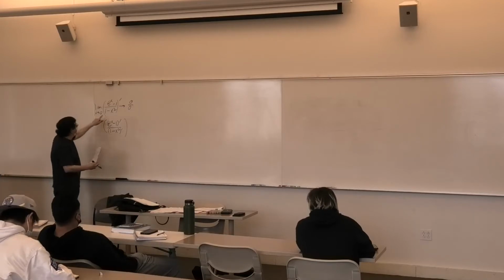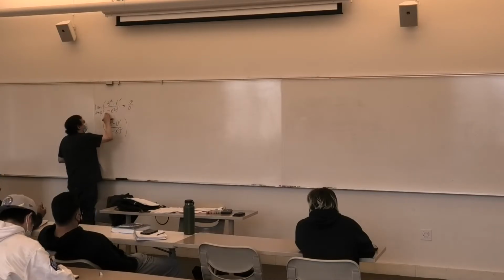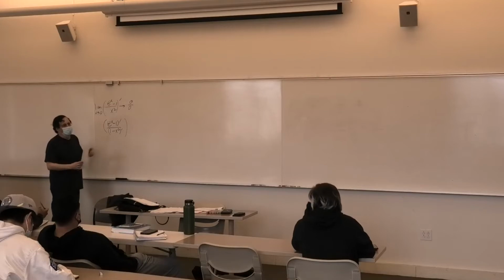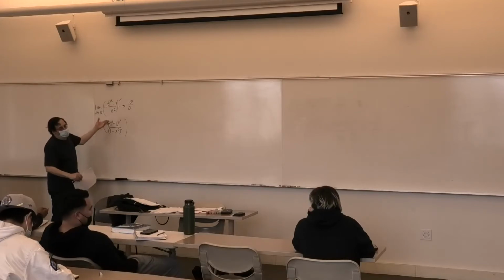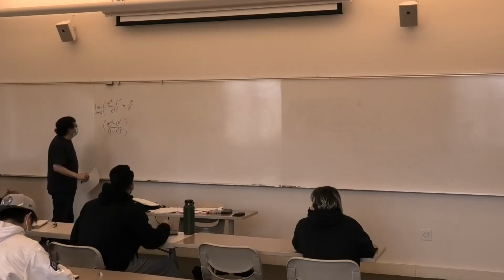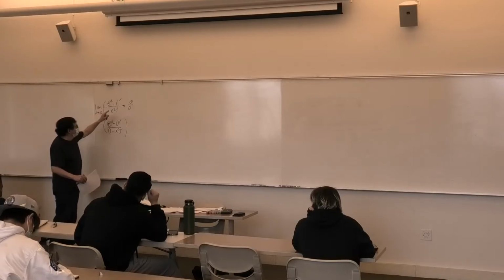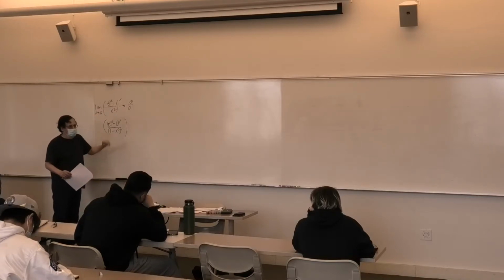Oh, I'm sorry. This is an error. Here we go. Yeah, my mistake. Thanks for catching that. What I had here before actually goes to 0 over 1, which just goes to 0.